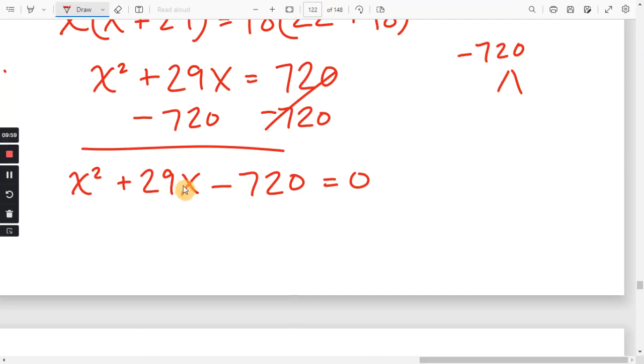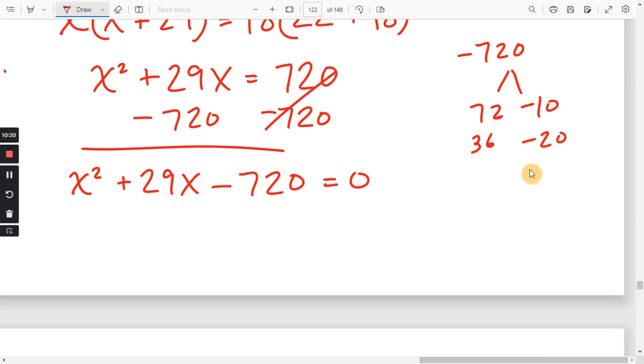We're looking to get positive 29. So 72 times negative 10. Definitely not. Those are too far apart. And what if we did negative 20? We'll double this one and then take half of this one. 36. Those are too close together.